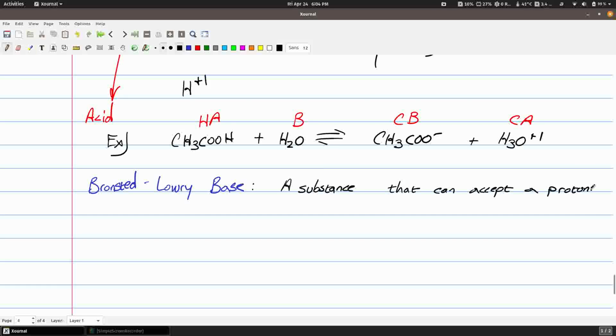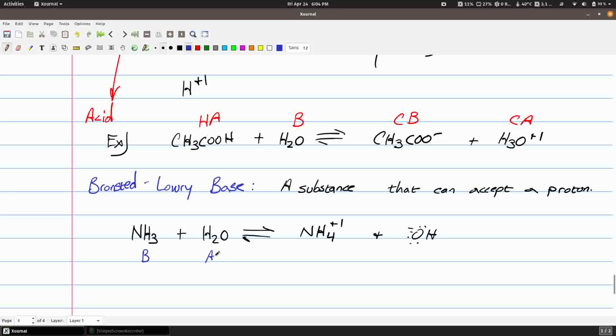Okay, so an example of this. You have NH3, which is ammonia, plus H2O. And then we have our equilibrium arrow. And you have ammonium, which is a polyatomic ion I told you to memorize, and hydroxide. So here is our base.